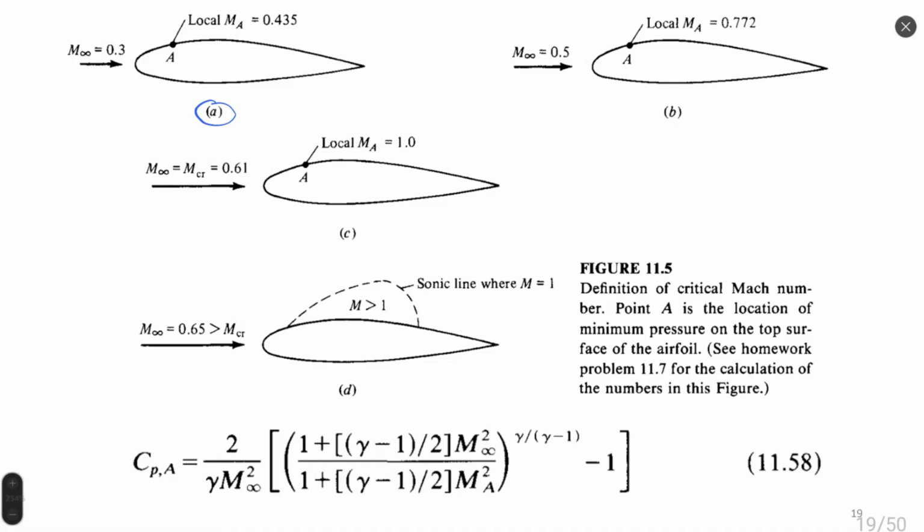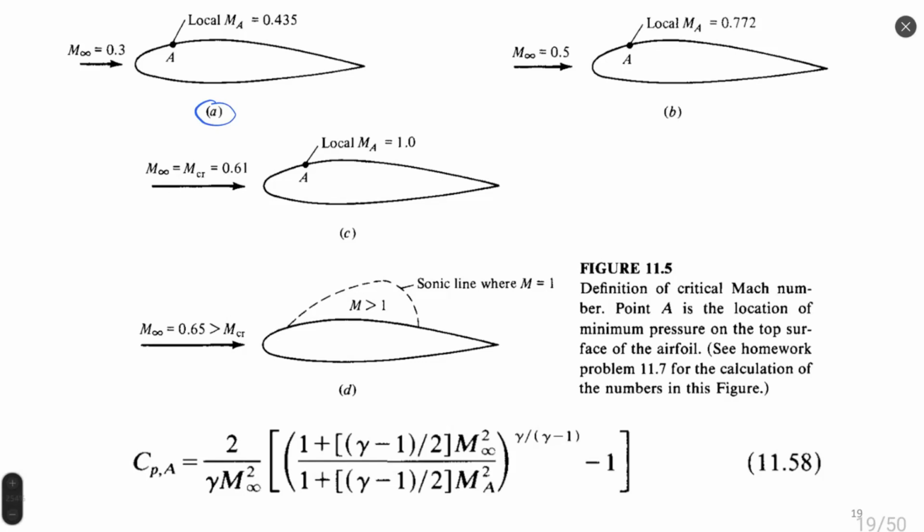We have an airfoil, an arbitrary shape airfoil, which flies with Mach 0.3, M infinity. And locally, we have a distribution of velocity on this airfoil. We know that on the front part of the airfoil there would be higher velocity because pressure drops. And on the bottom side, probably there would be lower velocity because pressure rises, right? At some point, point A, an arbitrary point, for zero and positive angles of attack, this point A is always located on the upper side of the airfoil.